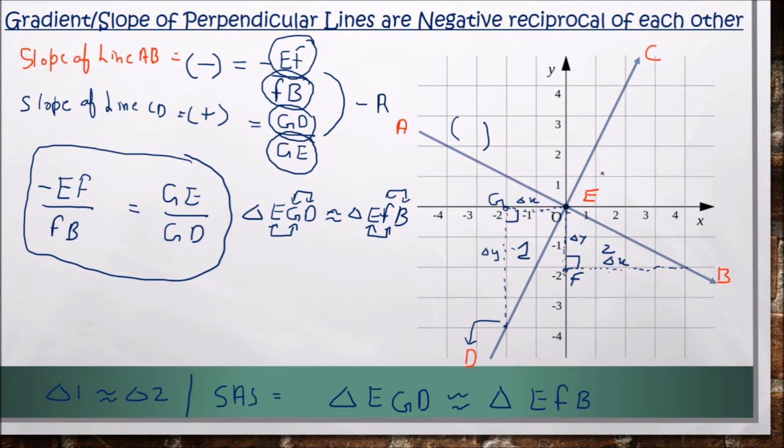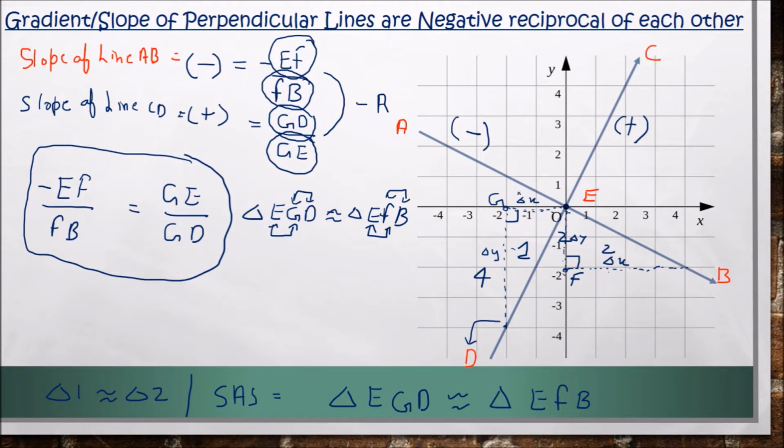Because these two lines will have a negative slope and a positive slope. Line AB will have a negative slope, and line CD will have a positive slope. Our change in y of line CD is 4 units, and our change in y of line AB is 2 units.